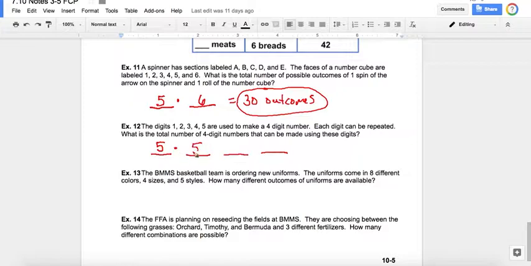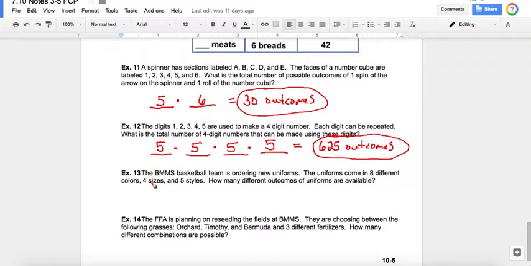So we're going to do 5 times 5 times 5 times 5. Okay, 5 times 5 is 25. 25 times 5 is 125. And 125 times 5 is 625 outcomes. And go ahead and circle your answer.